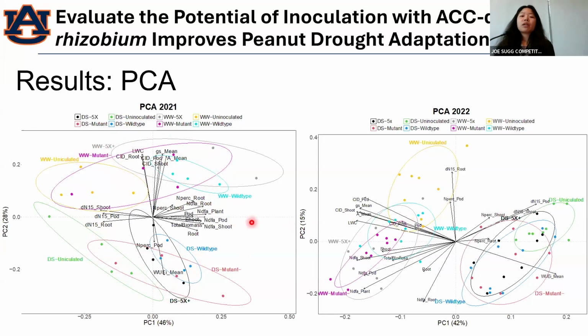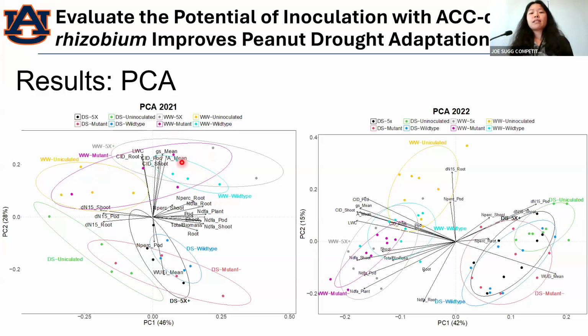If we look closer, we can notice the uninoculated plants were well separated from the 5 times plus and the wild type, no matter the water condition.